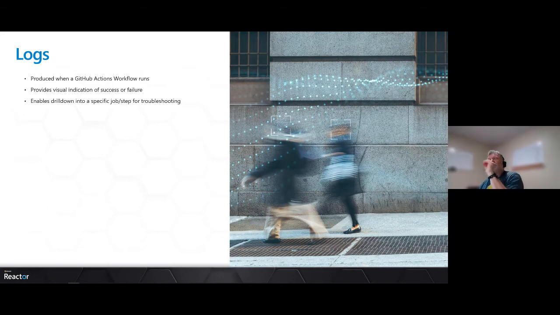We can drill into that step, and we can take a look at messaging around what caused that break. It helps us troubleshoot, gives us visual indication of success or failure, and then, as I said, we can drill down into that as needed to further troubleshoot what's happening.